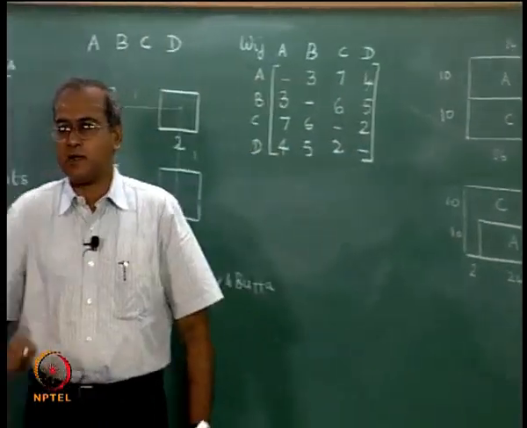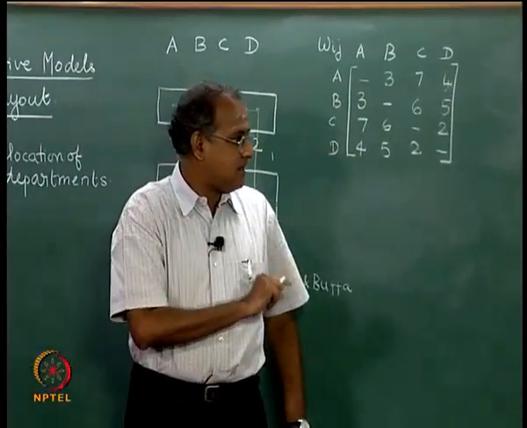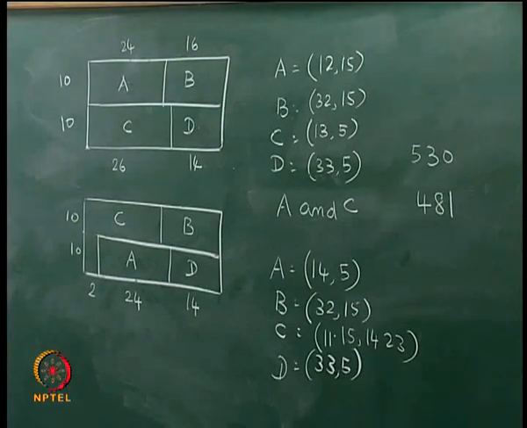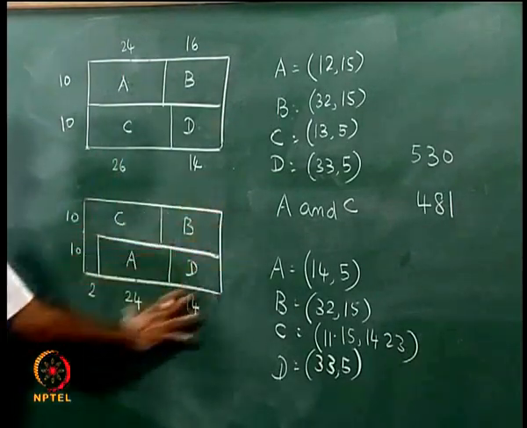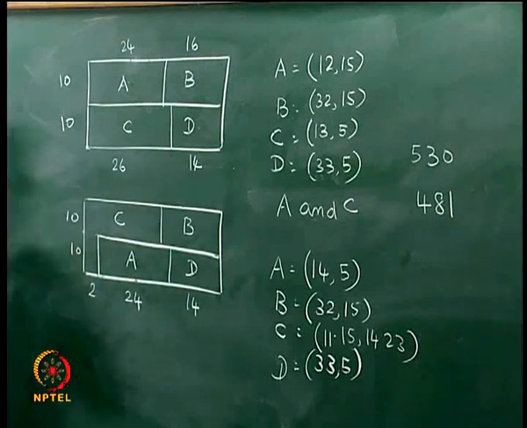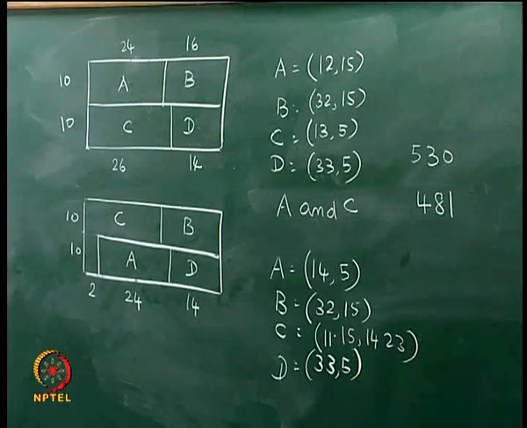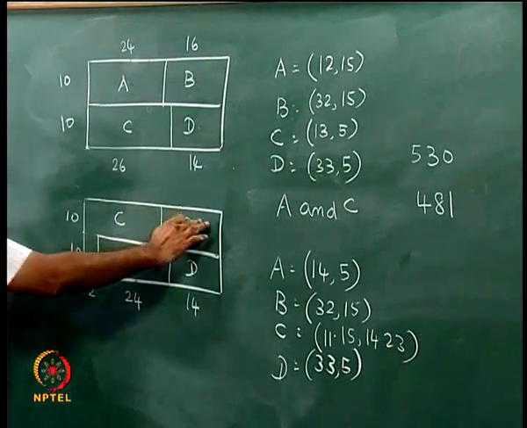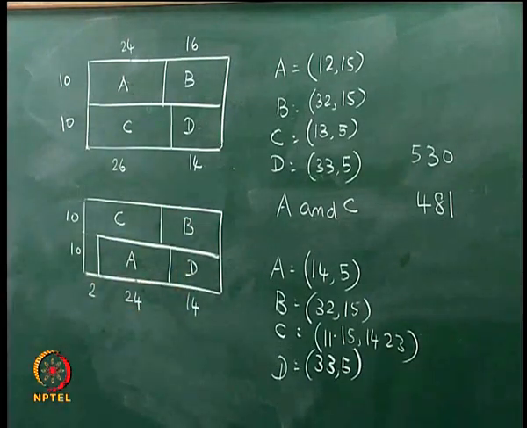We are unable to get further improvement with this, and therefore we could actually terminate with this layout for this particular departments C, B, A and D. So this would be the final output for the CRAFT algorithm, and we would now understand that we could have C and then B and then A and D, which are actually there.